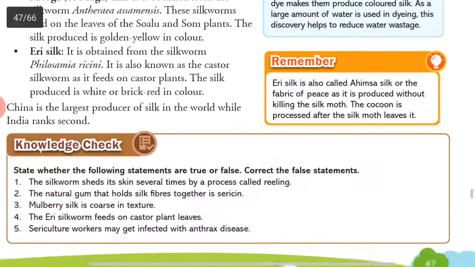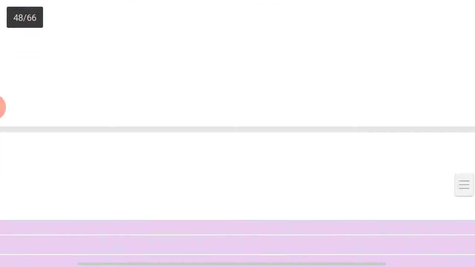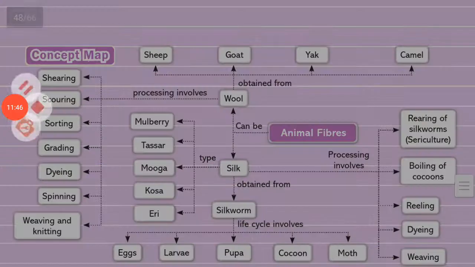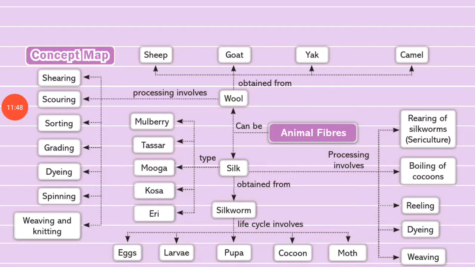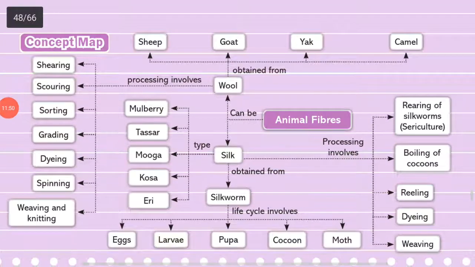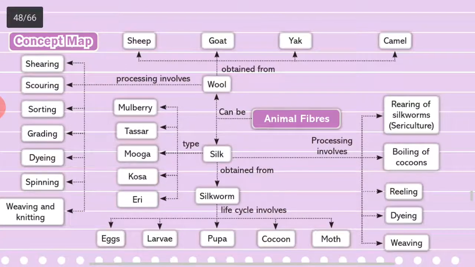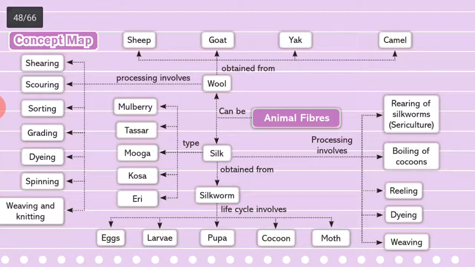Now, the concept mapping of what we studied till now. We started with the animal fibers, wool and silk.